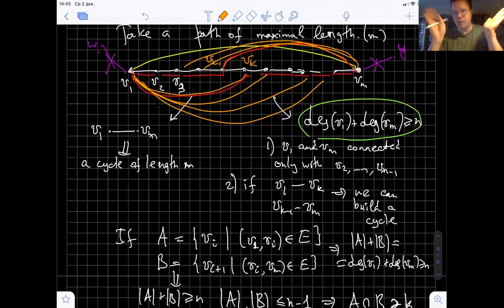They can be connected only to vertices inside the set of vertices of the path, not outside. And if I find neighbor vertices, the first one connected to Vm and the second one connected to V1, then I will have a cycle. I just can go like this. And this inequality gives me that the sum of the degrees of V1 and Vm is too much, so by the pigeonhole principle, I will always have such neighbor vertices.